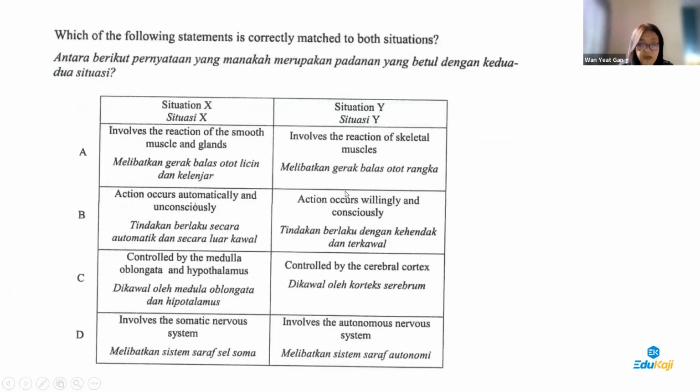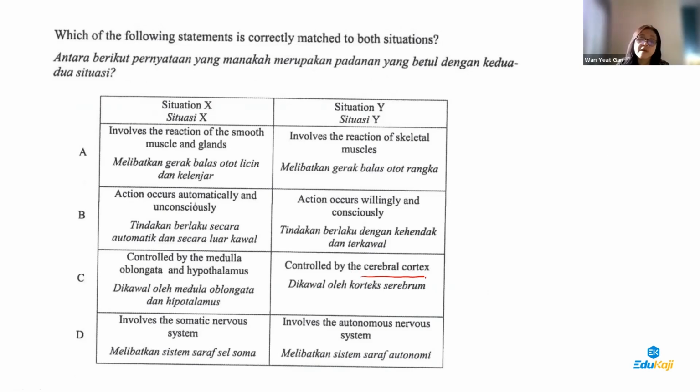It is an action that involves the autonomic nervous system, and it occurs automatically. It does not occur willingly, neither is it controlled by the cerebral cortex.